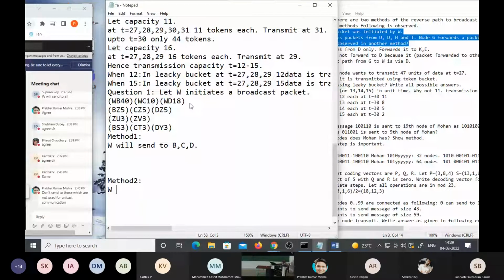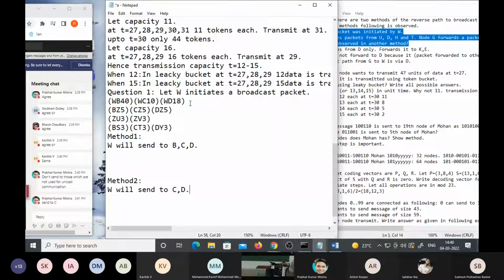I don't know how you got the correct answer if your logic is wrong. In the exam you wrote something else, the correct answer, but here you are giving the wrong answer. W will send to B, C and D only.